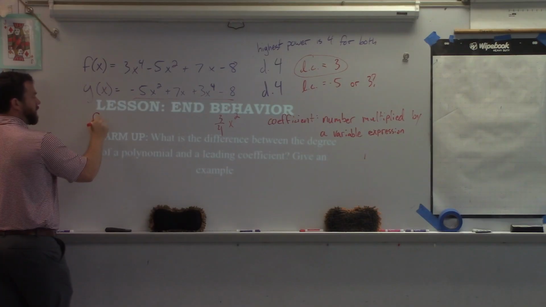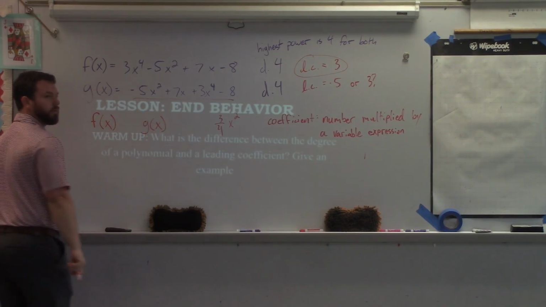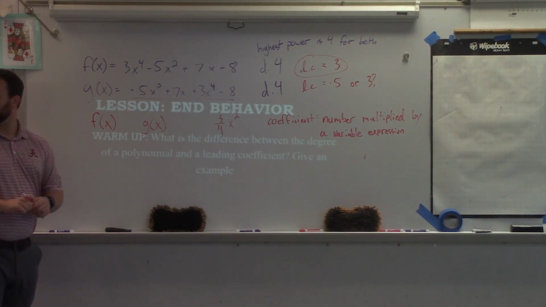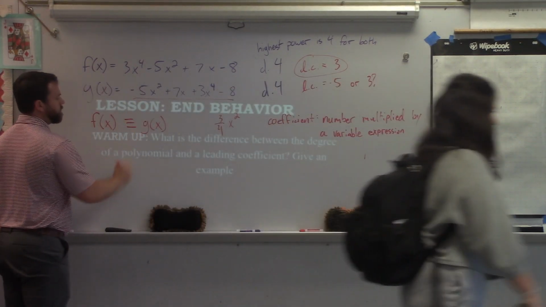I want to point something out. I want to come back to this in a second. So put a pause on this. I want you to think about this. Does anyone know what the relationship between f of x and g of x are? If I were to graph these two, they are the same, so they would be equivalent. Interesting.